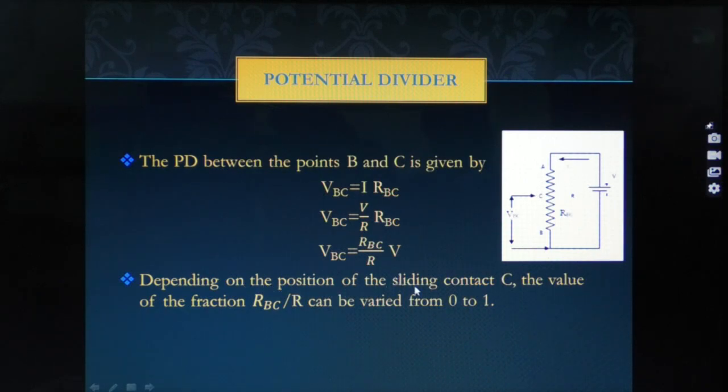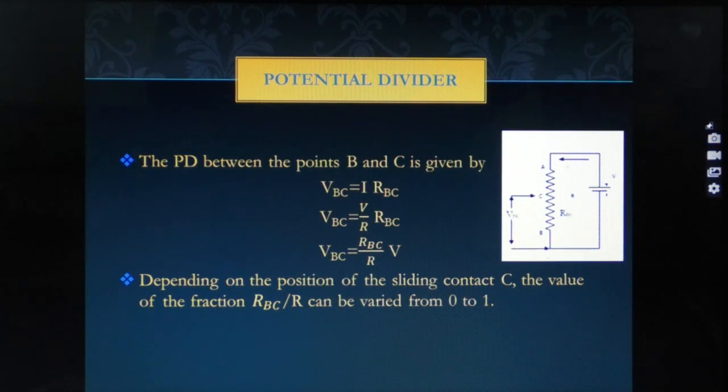Depending on the position of the sliding contact C, the value of the fraction RBC over R can be varied between minimum to maximum, that is from 0 to 1. So it means where we move C, maybe towards A or towards B, in doing so the length of the conducting wire changes, which in turn changes the resistance, and when resistance changes, then this fraction RBC over R produces a change in the voltage, which is given by VBC.